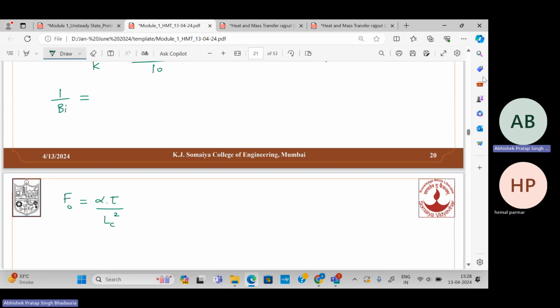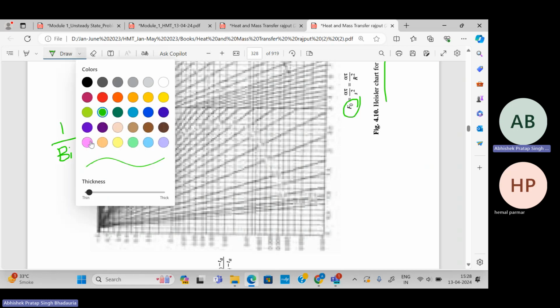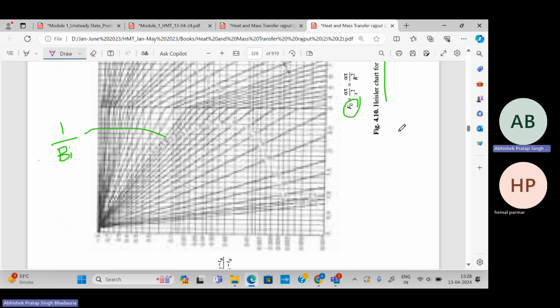Now with the help of Fourier's number and 1 upon Biot number, so this is Fourier's number on the x-axis, and these lines are expressed in terms of 1 upon Biot number. We will locate a point on the graph on the basis of Fourier's number and 1 upon Biot number, and then we will directly take the projection.